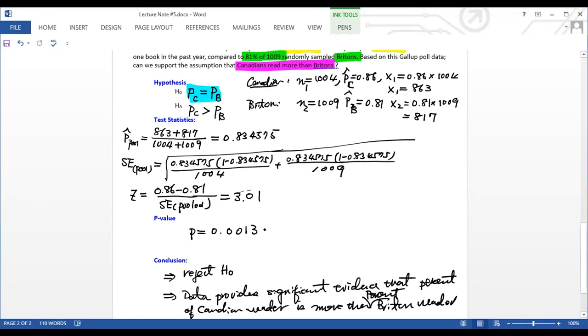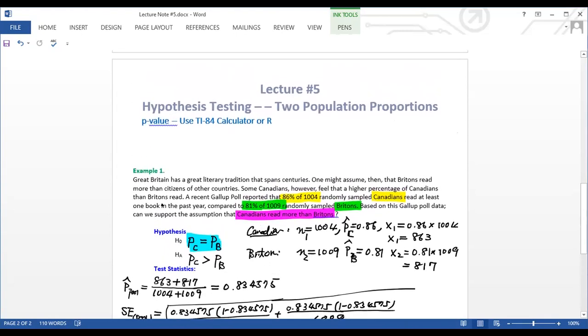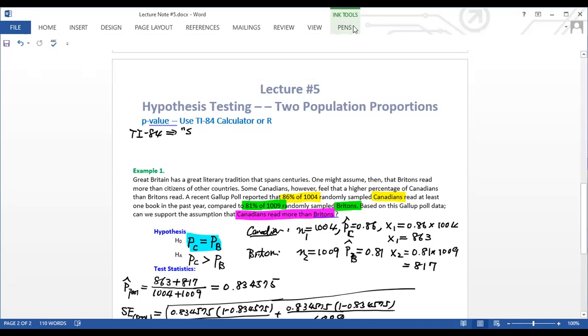So this is from the TI-84. Let's go back here and write it down so you will not forget it. What is the TI-84 function? First, you go to stat. Then you progress into test.